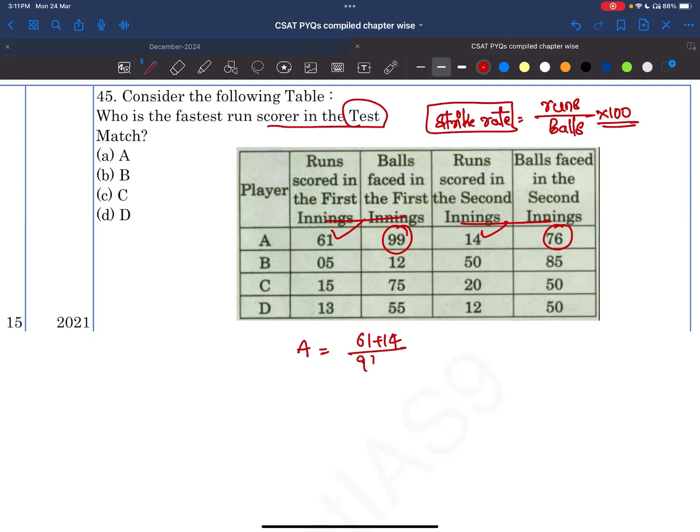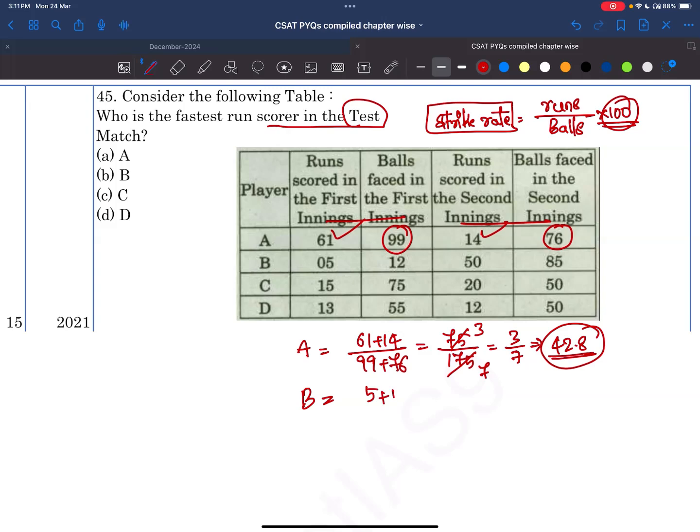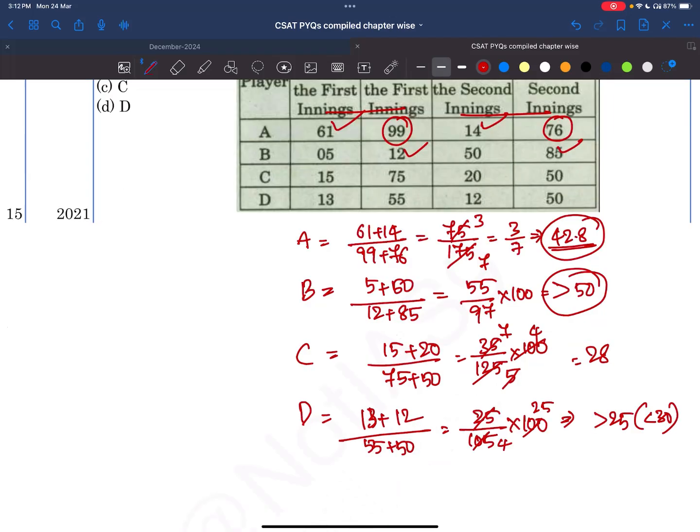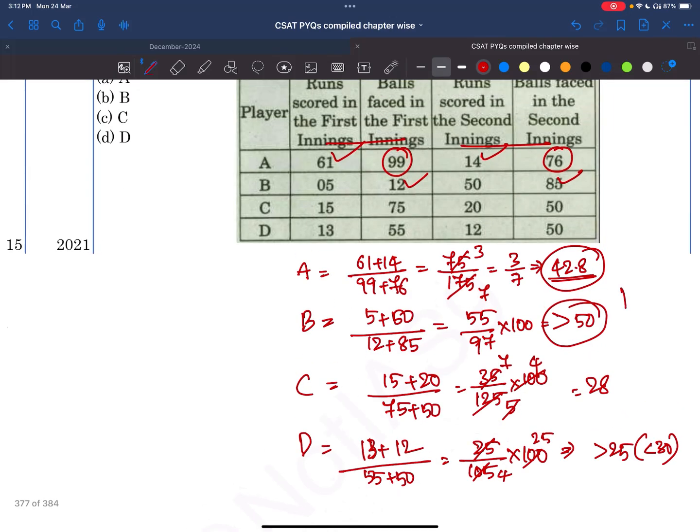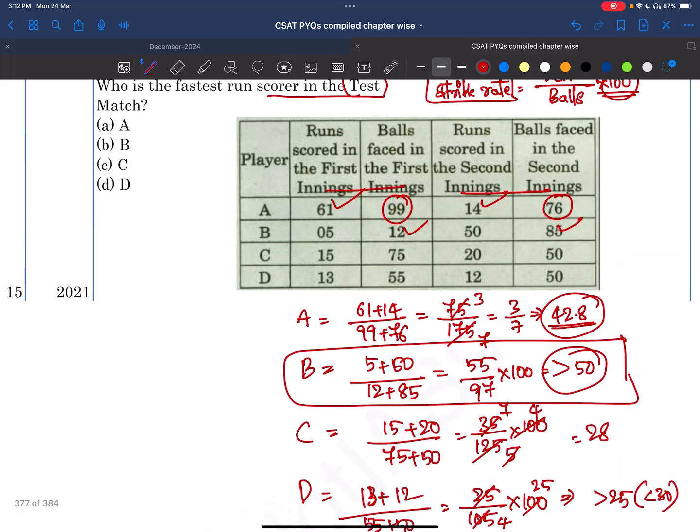Total balls he has taken 99 plus 76. Right? Calculated for B. 5 plus 50 by 12, 85. 12 plus 85. Right? The strike rate of B is more, right? The answer will be B.